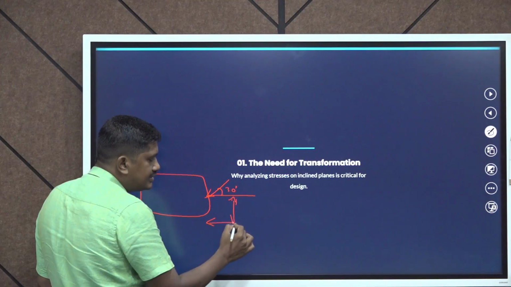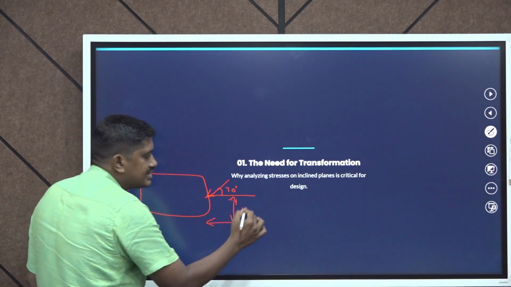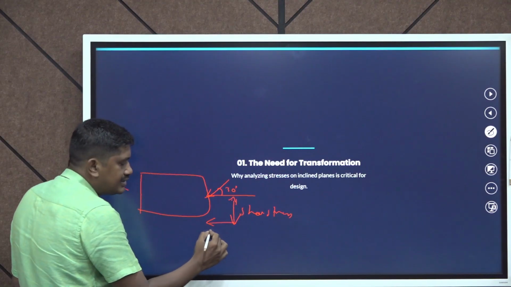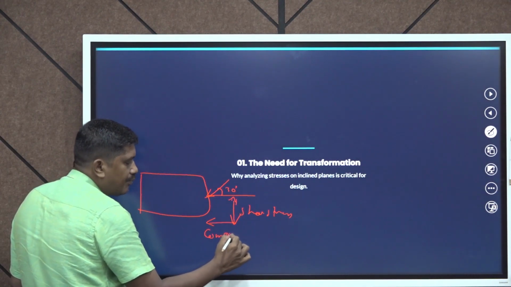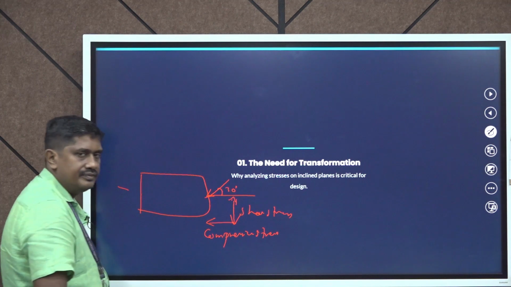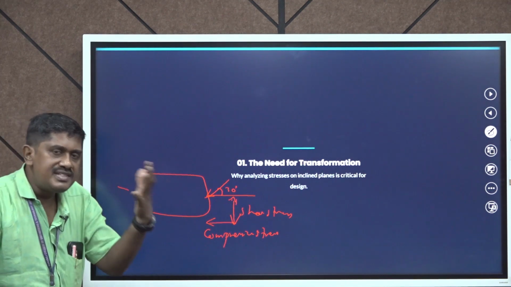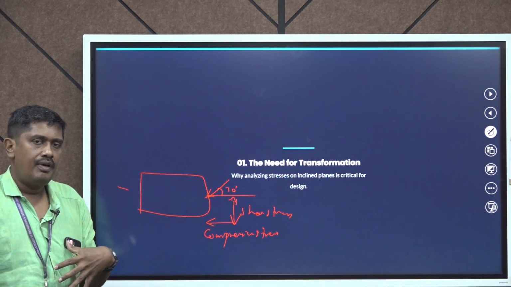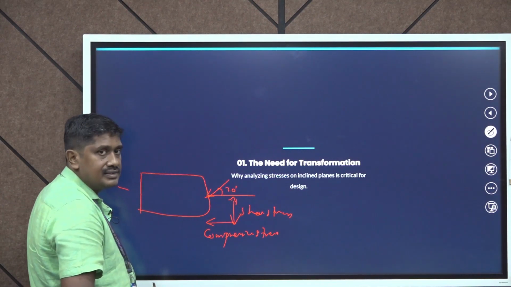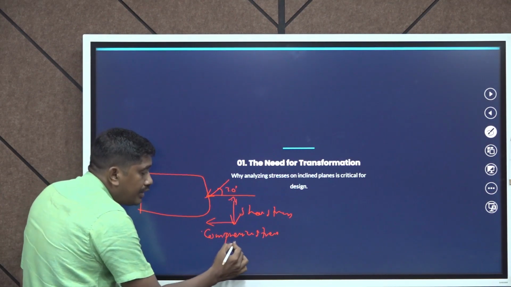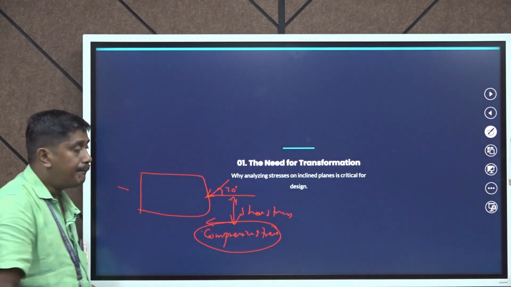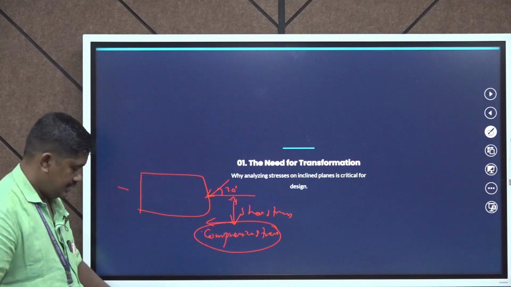Along the y is shear stress. Along the x is, in this case, compression stress. Which one has more? At 30 degrees, the compression stress is dominating, higher compared to shear stress.